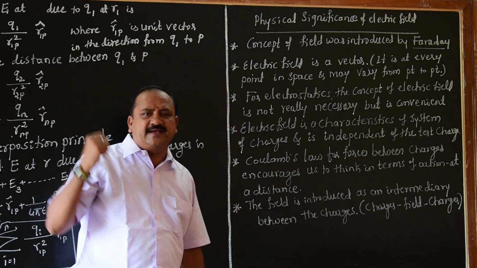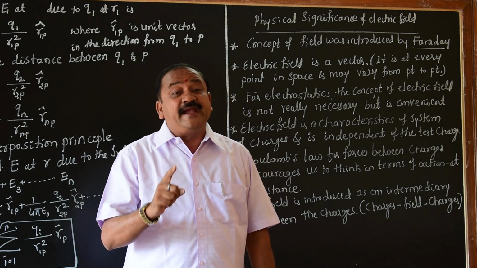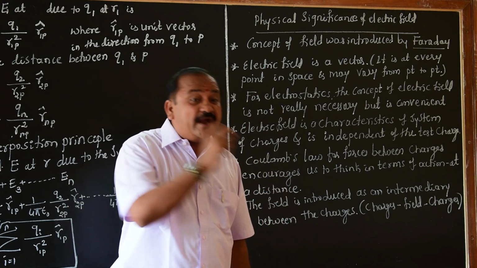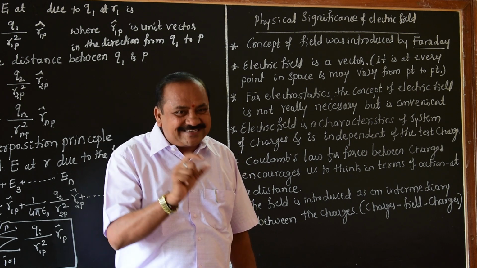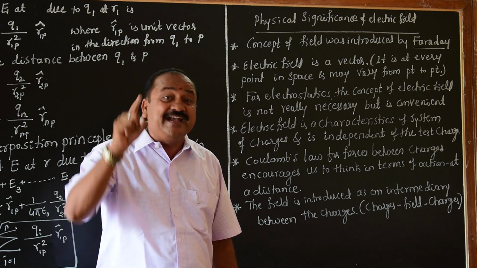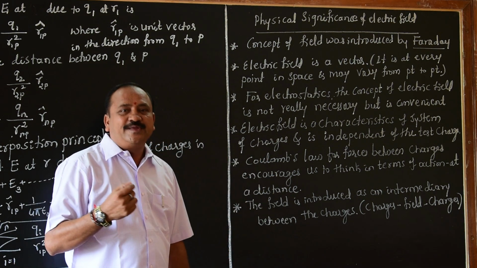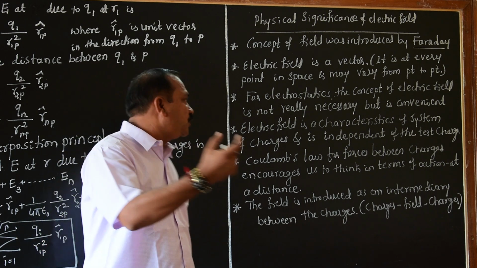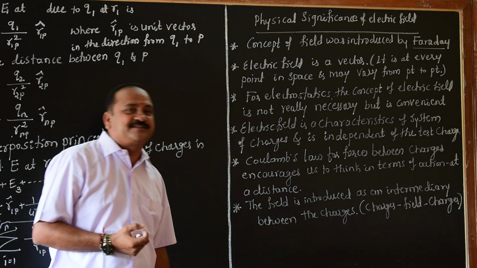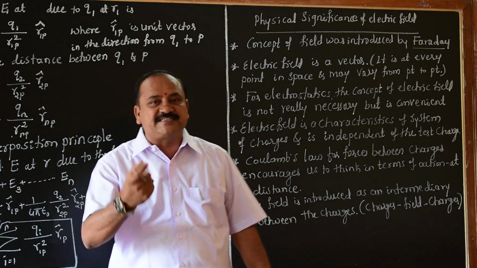As discussed in the previous class, the electric field depends on the point charge and the distance, but it does not depend on the test charge. The Coulomb force between two point charges encourages us to think in terms of action at a distance.